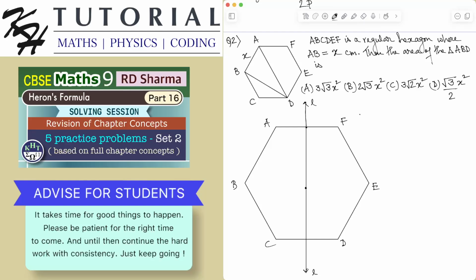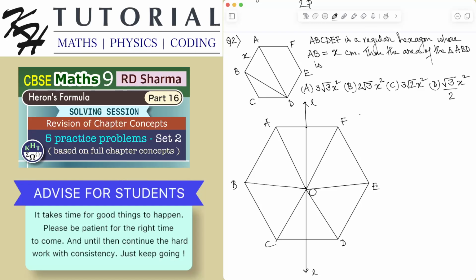Similarly, all the perpendicular bisectors of all the sides will intersect at this point O, which is known as the center of a regular polygon. Now specifically for a regular hexagon, if you join this center O with all the vertices, they will form equilateral triangles with the center of the regular hexagon.